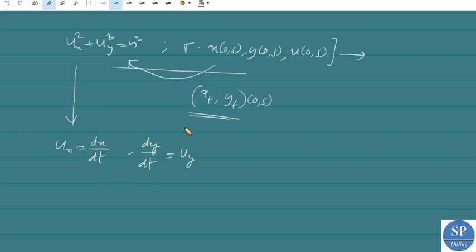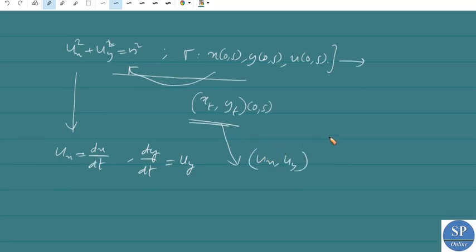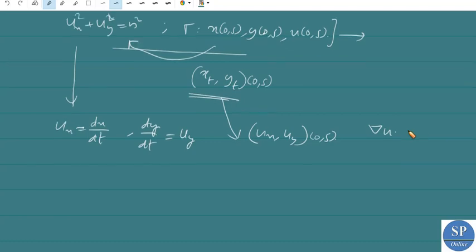So this condition is actually equivalent to the condition on ux and uy, which is actually the gradient of u, del u. So our second initial condition, xt yt at the initial point 0, is actually equivalent to the initial condition of the gradient at the point 0. Now we can discuss a problem.